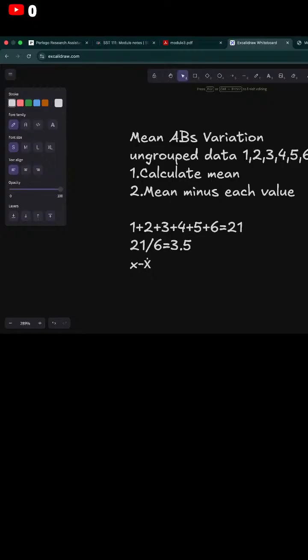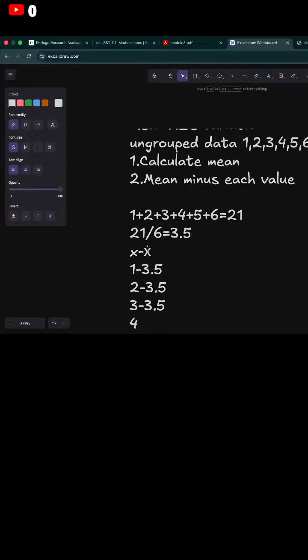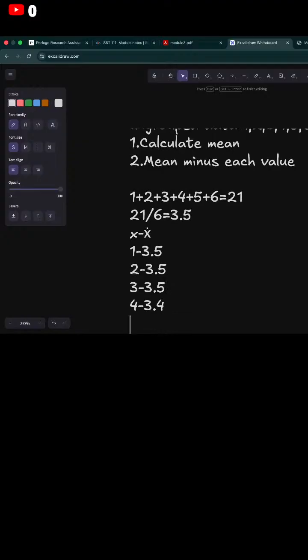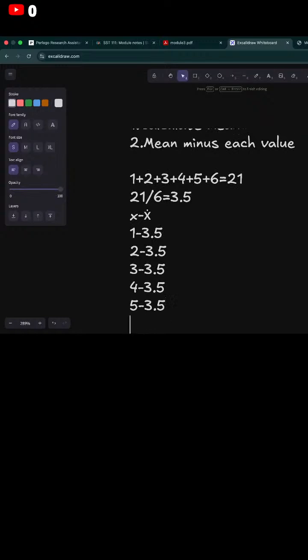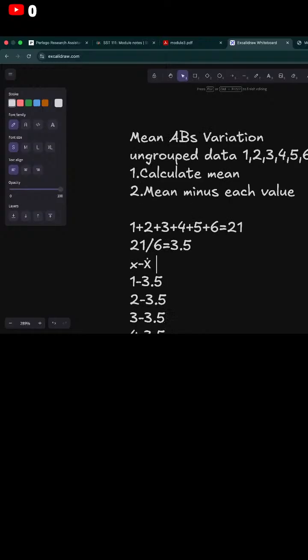Then you create a table, x minus x bar. So we pick our first value, 1 minus our mean, then 2 minus our mean, 3 minus our mean, 4 minus our mean, 5 minus our mean, 6 minus our mean, then we get our values here. So let me do it and write the figures.